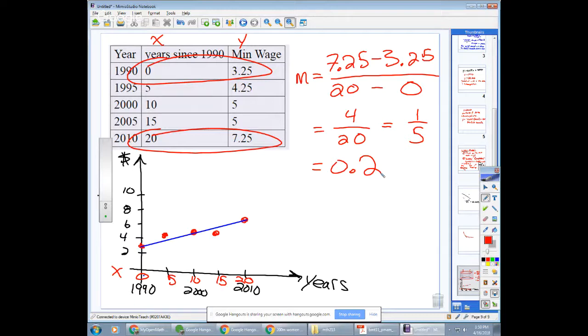Everybody else get that? $1990 to 2010, it went up $4, and it took 20 years for that to happen. So 4 divided by 20.